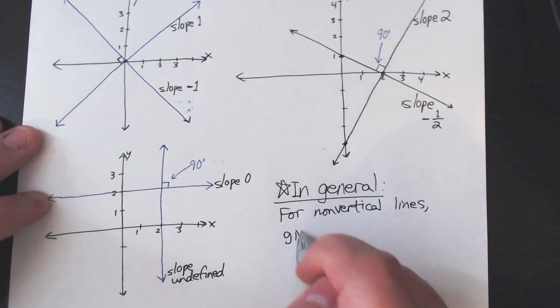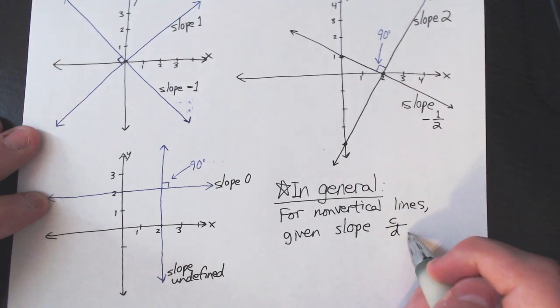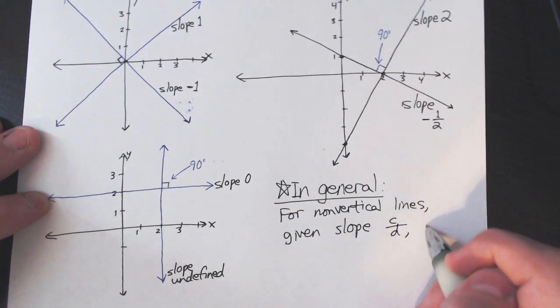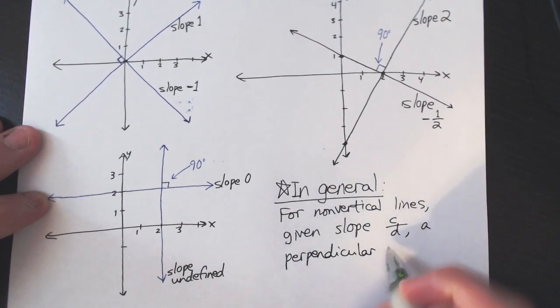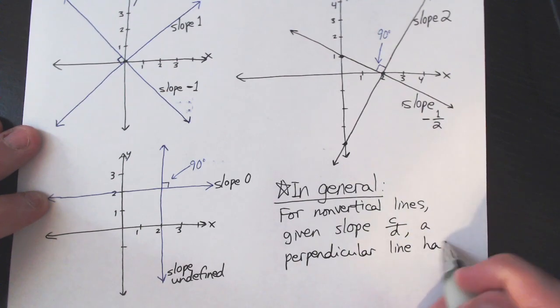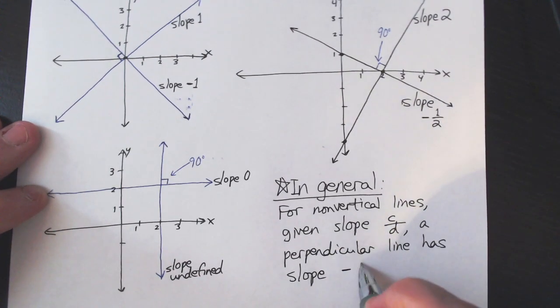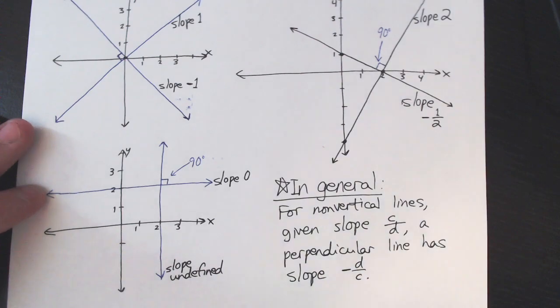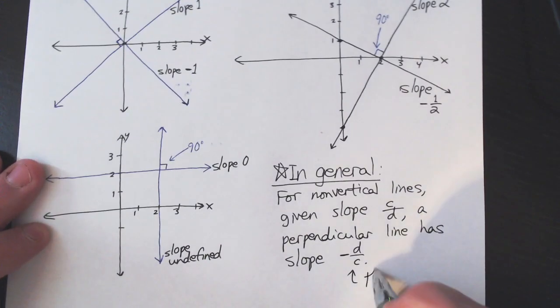If we're given a slope of C over D, a perpendicular line has slope negative D over C. That's the relation here. In fact, it's flipped. I guess you could say it's a reciprocal. Here, I'll write this. It is the negative reciprocal.